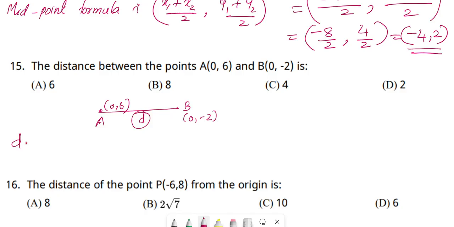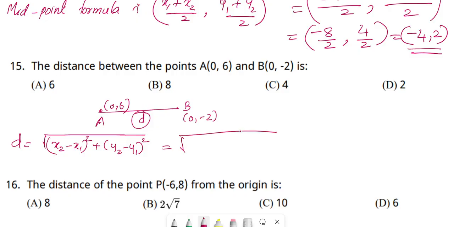So we can use the distance formula again: root of (x2 minus x1) the whole square plus (y2 minus y1) the whole square. So x2 minus x1 means 0 minus 0 the whole square, plus y2, which is -2, minus 6, the whole square.